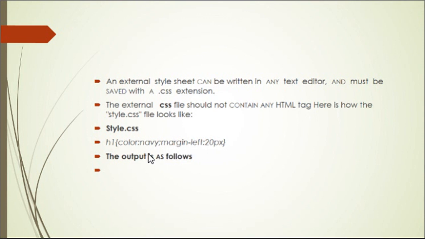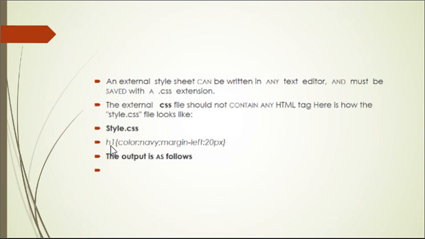Only this is the requirement, and we can consider this part your program. Only this one line changes: h1, color navy blue, margin-left 20 pixels. And we can see the output.